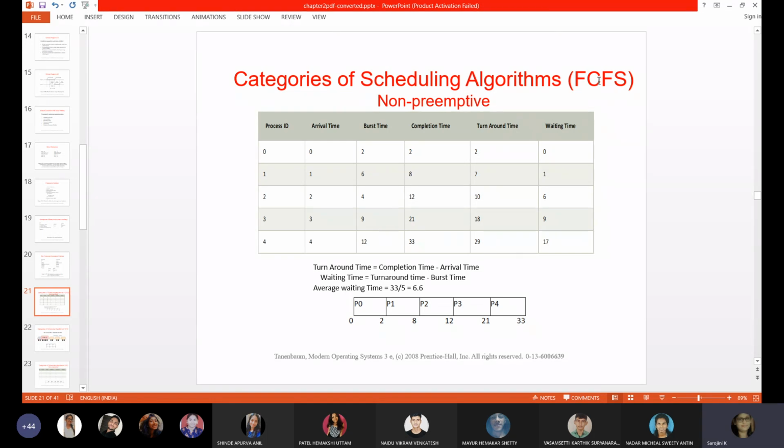For example, I asked FCFS, or otherwise I asked the other algorithms, SJF, shortest job first. So about that algorithm, you have to write what that algorithm is, and then give an example like this, and calculate the waiting time, average waiting time, and show.